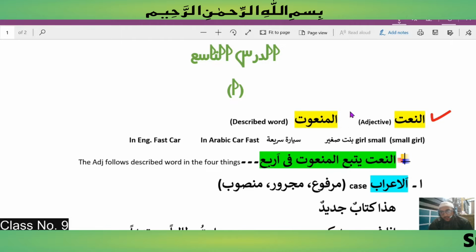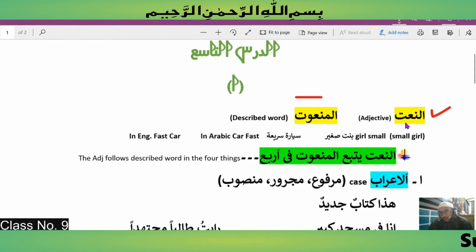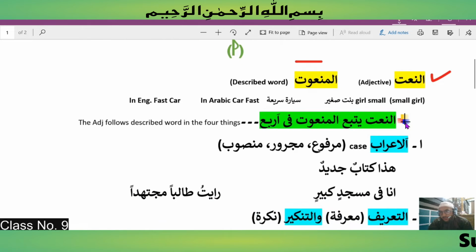Today we are going to read النعت and المنعوت. In English, النعت means adjective and المنعوت means described word.